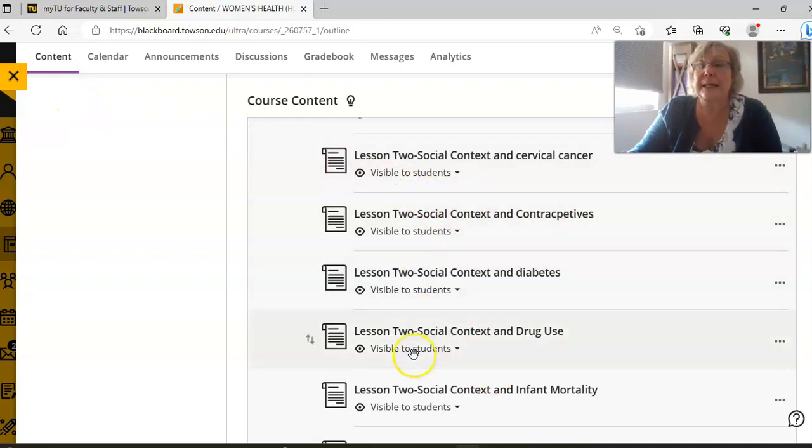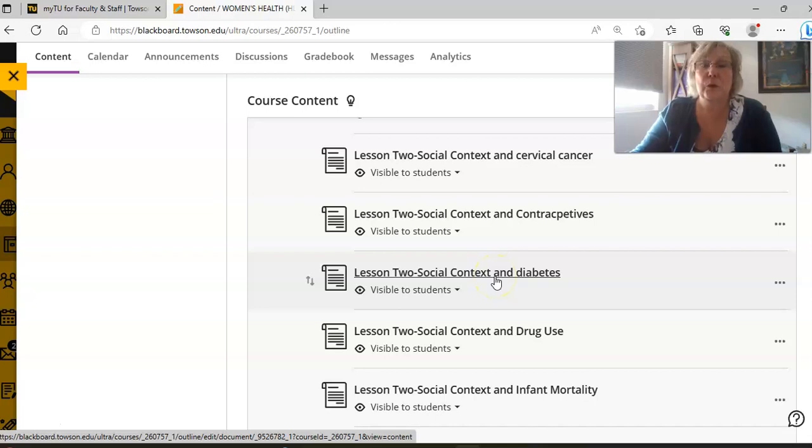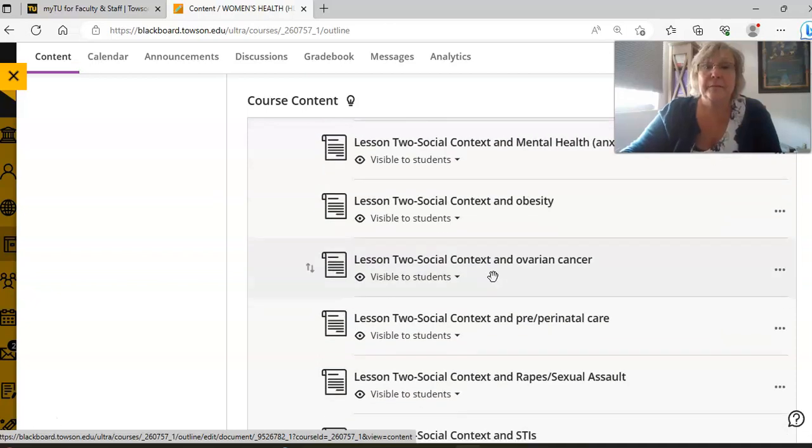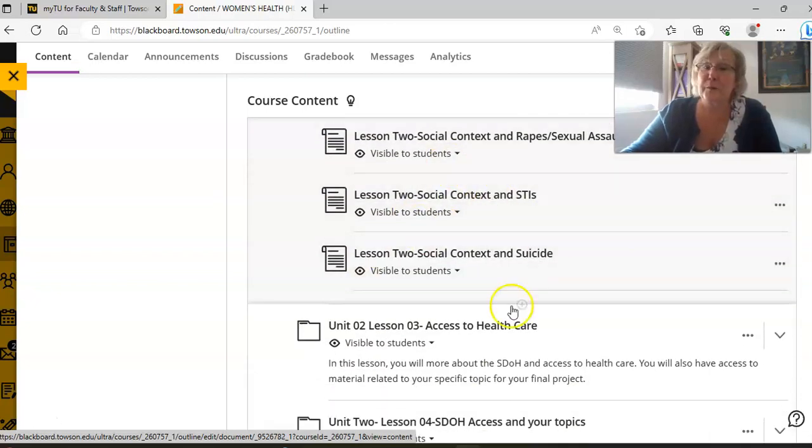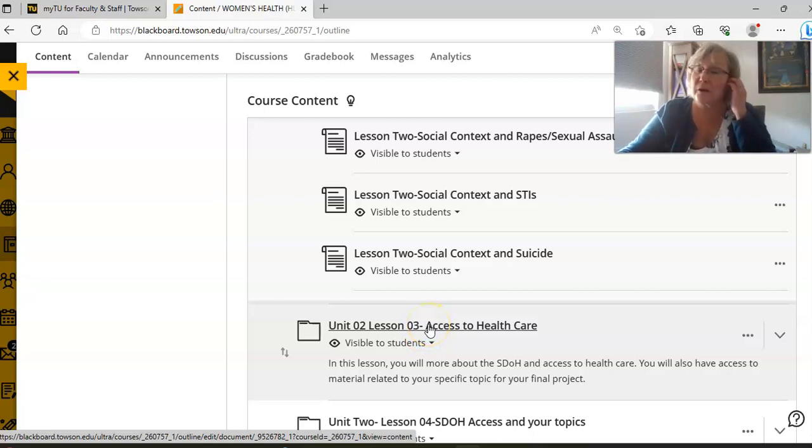You can read and engage in as much as you want, but you must do what social context is here and your condition or disease, because that's what your assignment is on and your discussion board. There's a lot of lessons in there because there's a lot of topics. If by chance you don't see your topic, tell me. I think they're all there, but if not, I'll just add one.